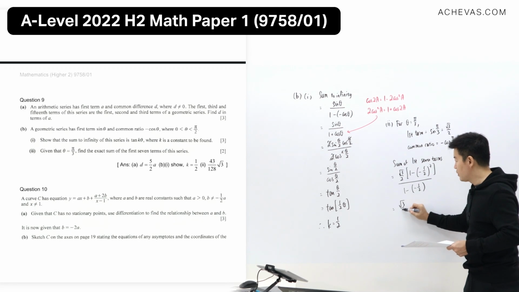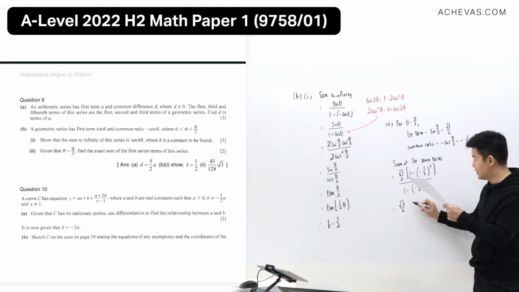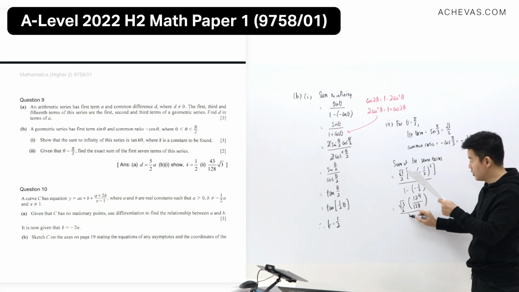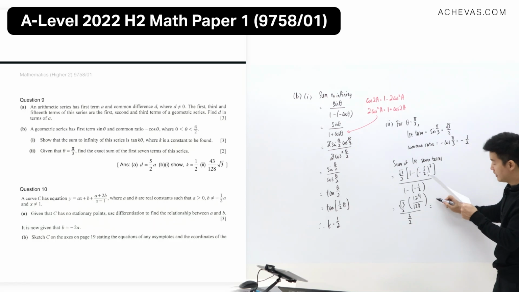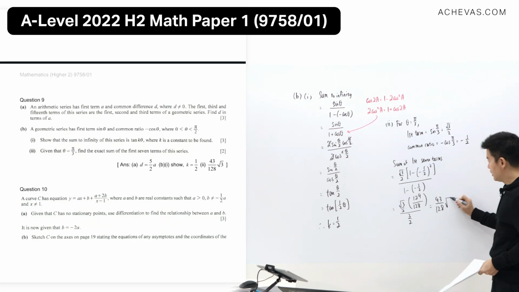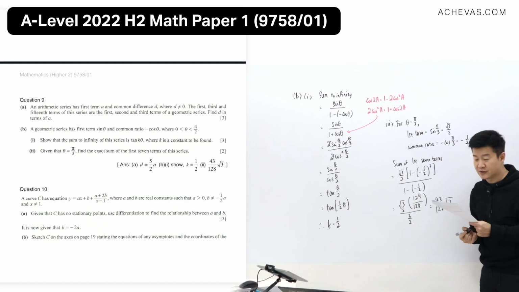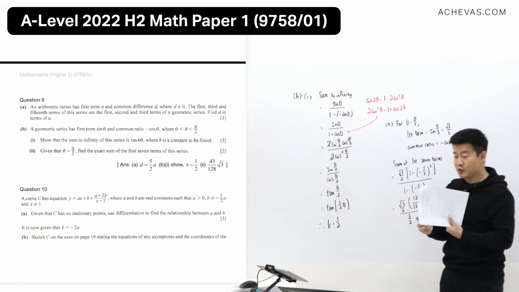So this is going to be square root of 3 over 2. This, if I press it into the calculator, we will have 129 over 128. This is going to be over 1 plus half. This is going to be 3 over 2. And simplifying this, we're going to be getting 43 over 128 square root of 3. This is for question number 9. We are going to move on.